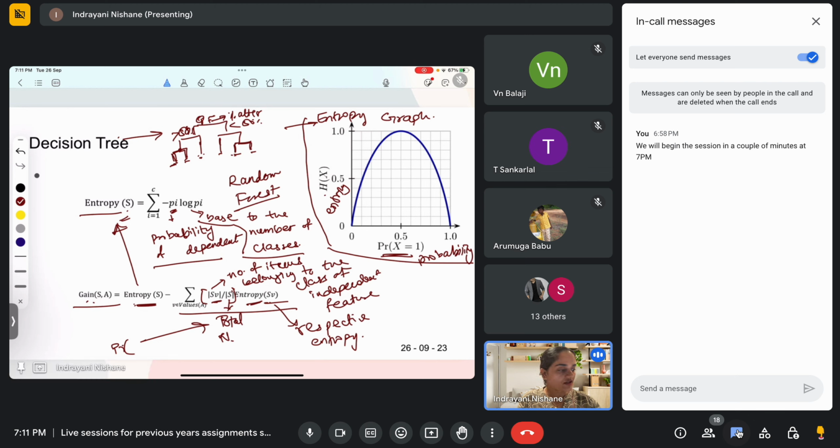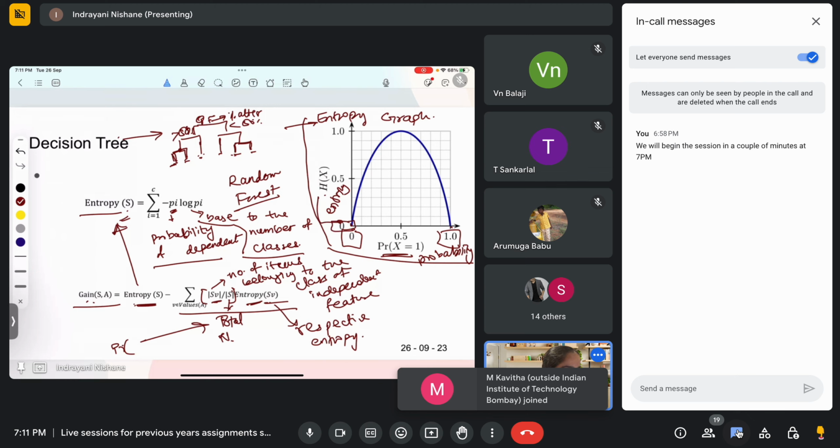You can see the distribution of entropy in this graph. For probability equal to 0 and probability equal to 1, the entropy value is 0, and it is maximum for 0.5. Why? Because mostly we deal with two classes, and when you calculate half times log to the base 2 of half, that gives the maximum.